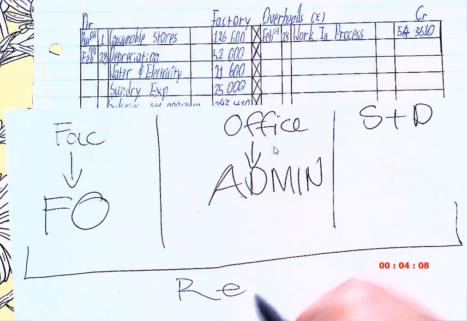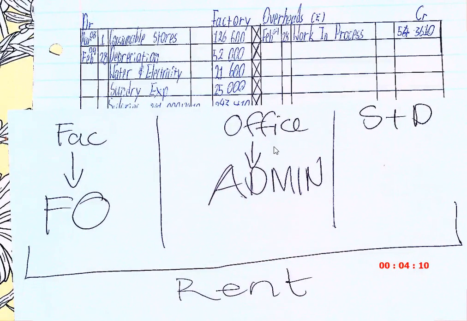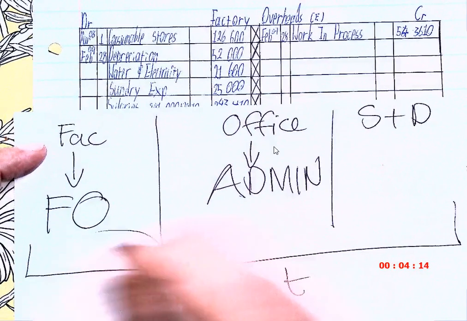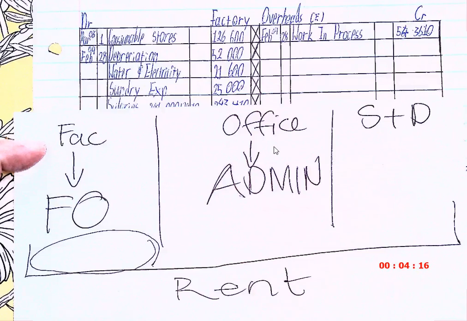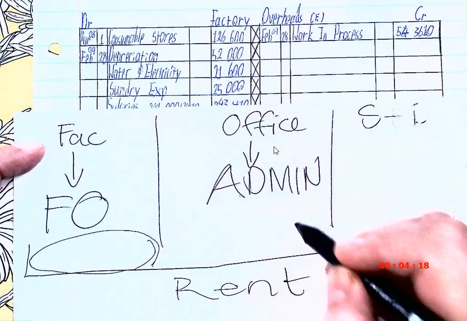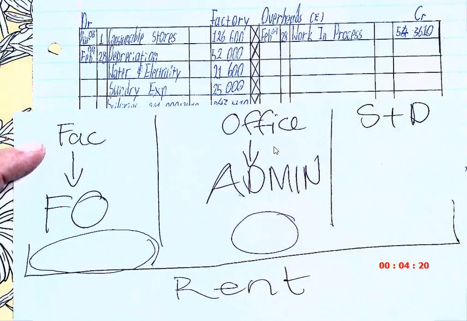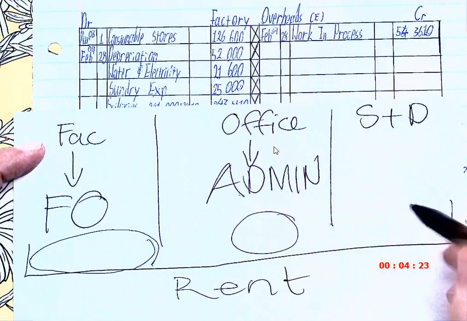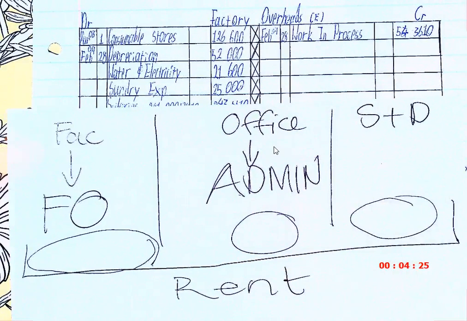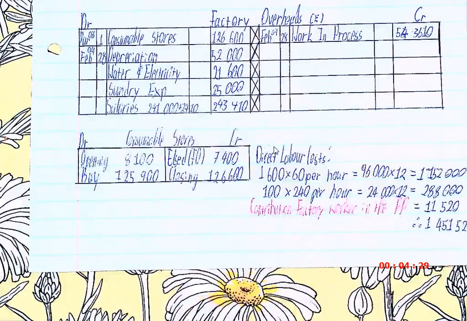Right? I pay rent, but I only want to allocate the part that the factory use for the factory overheads, the part that the office use to admin, the part that sales and distribution use to sales and distribution. Okay, so if I read this, you will see they give you expenses.